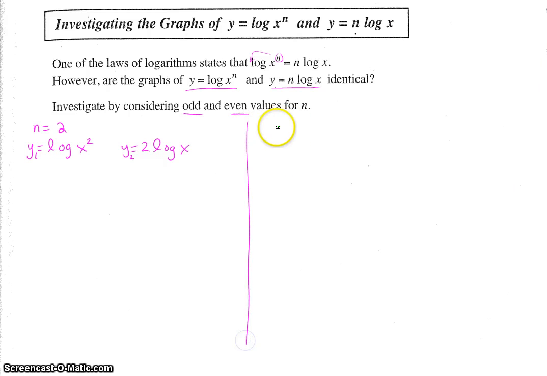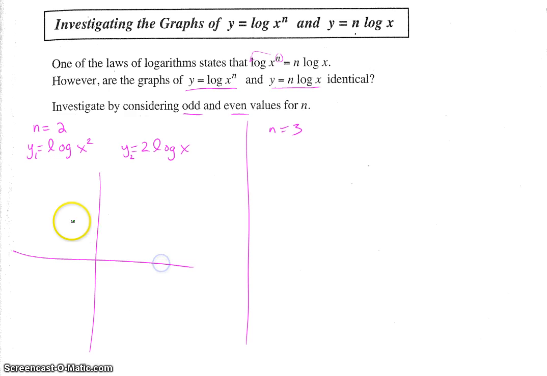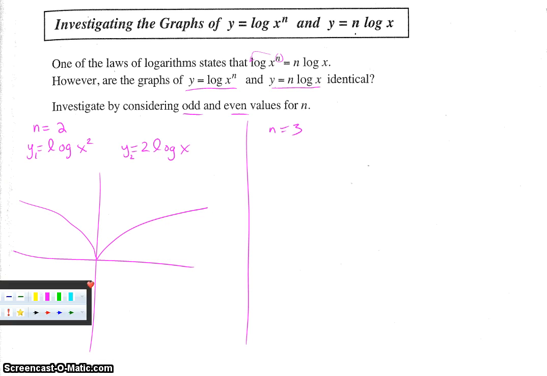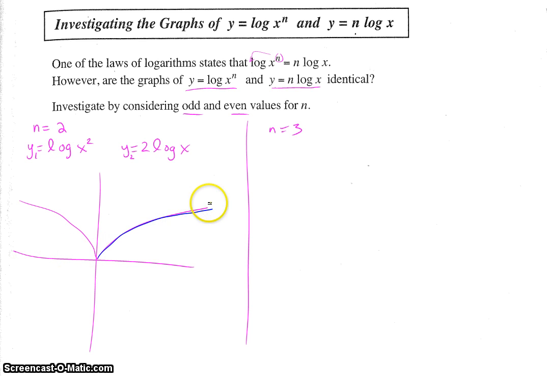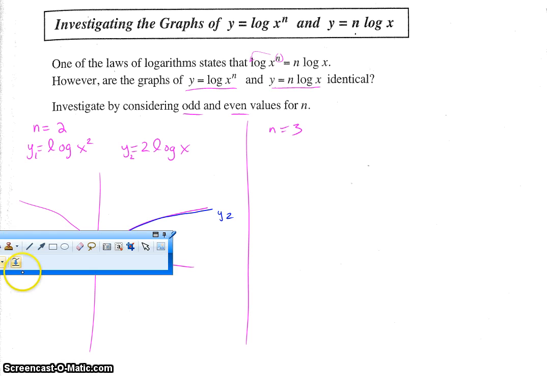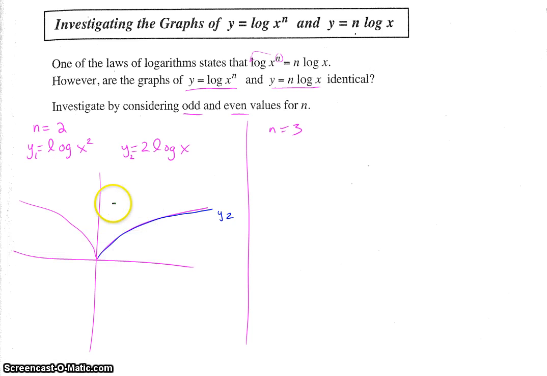So once again, this one basically looked like this. That was y1. And then y2 looked like this. Okay, now let's try it for n equals 3.